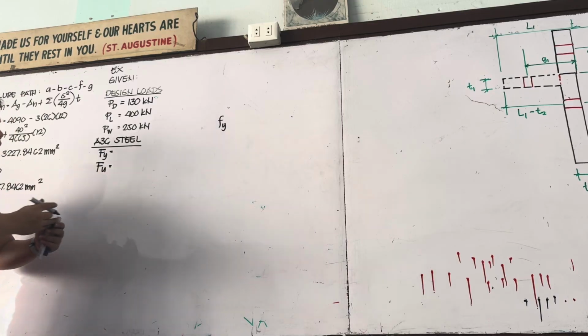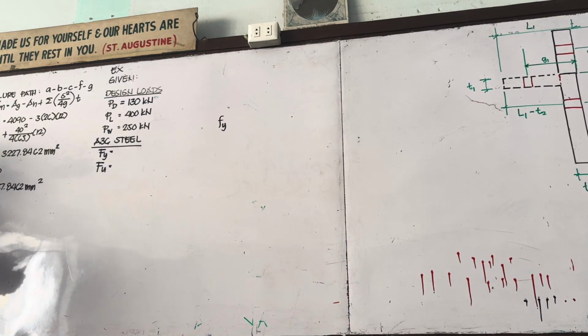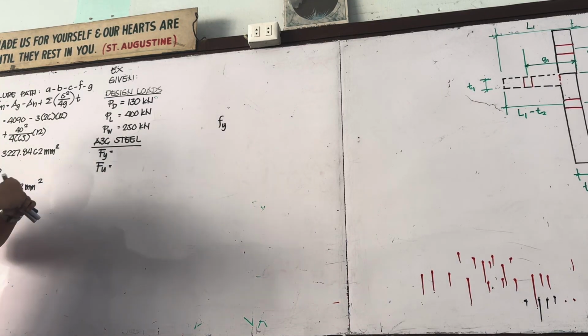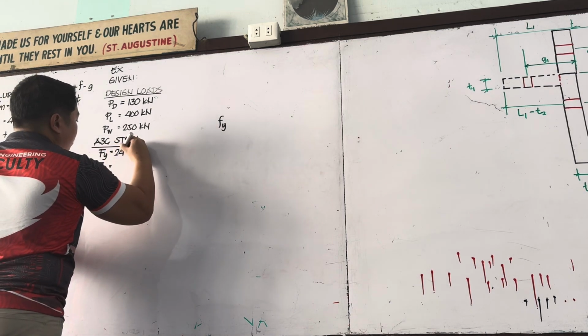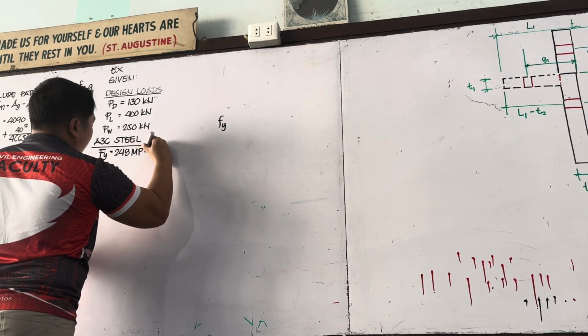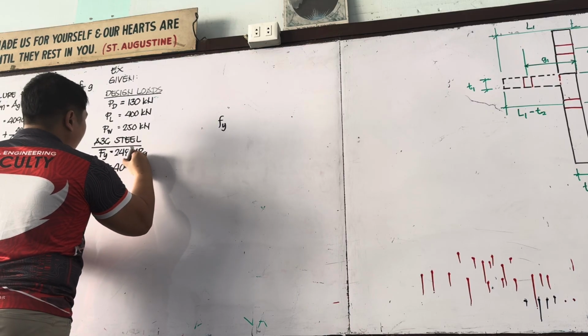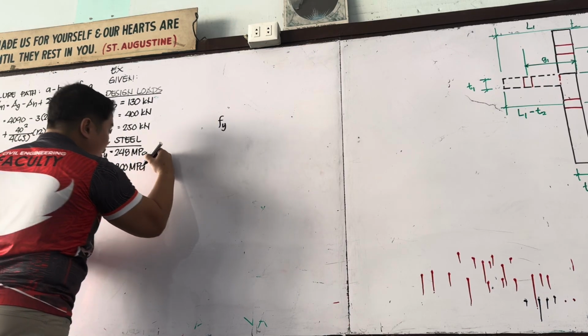So for A36 steel, what is our Fy? 248 MPa. And Fu? 400 MPa.